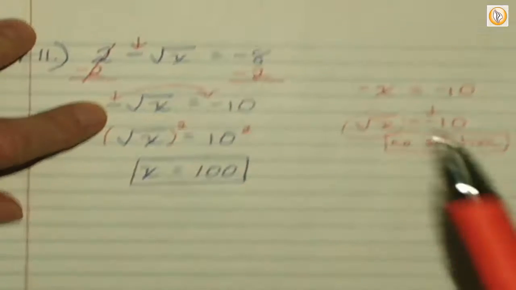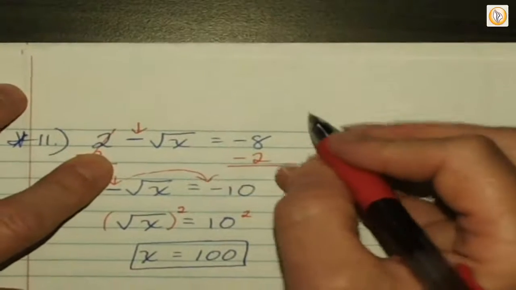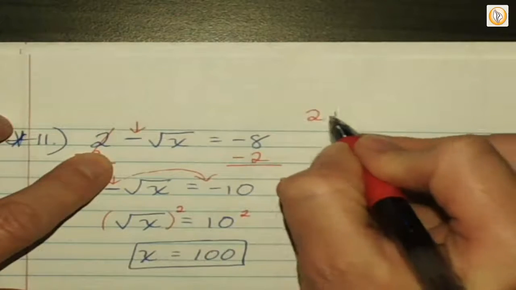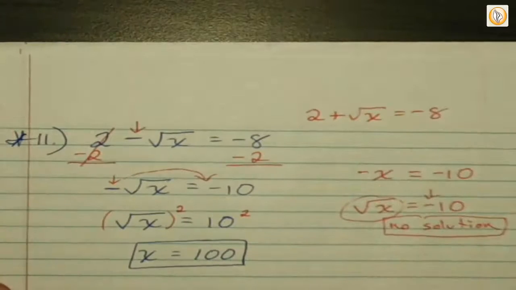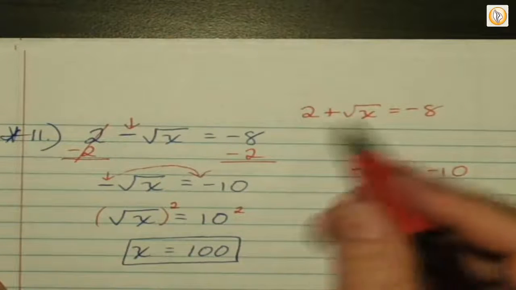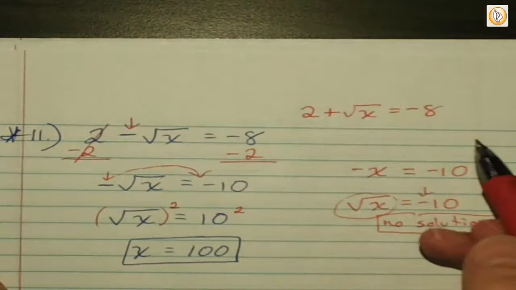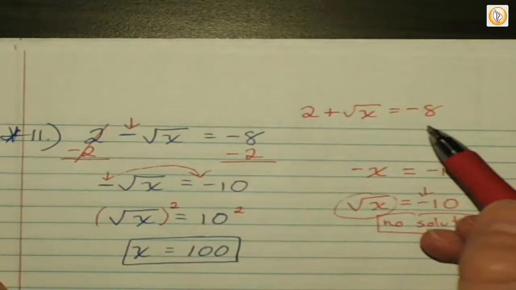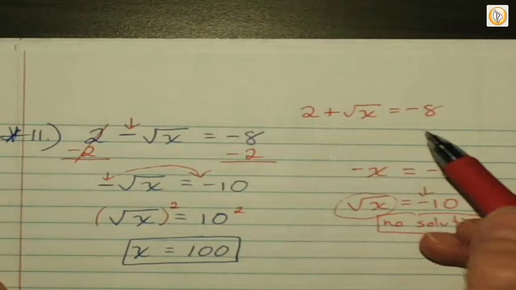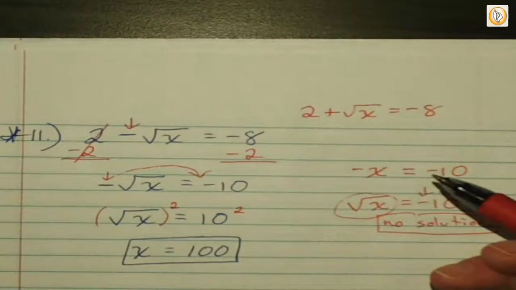But for example, let's say this was 2 plus the square root of x equals -8. Then you have to work it out to find out if it's a no solution. But why would it be no solution?